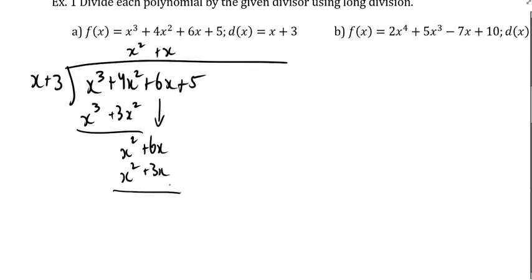Subtract. x squared minus x squared is 0. 6x minus 3x is 3x. Bring down the 5. How many times does x go into 3x? Or in other words, 3x divided by x, so that's 3, so plus 3. 3 times x is 3x. 3 times 3 is 9.